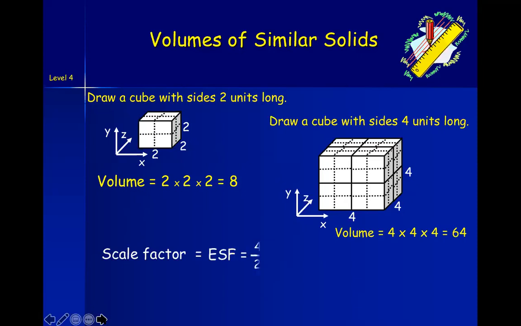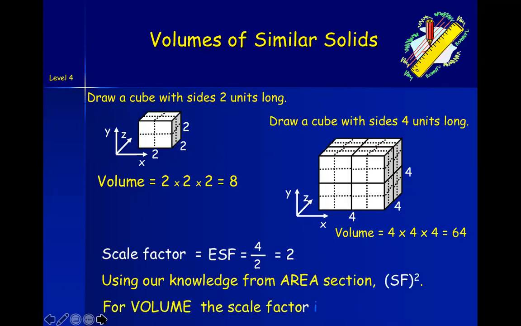So if the scale factor is 4 over 2, which is 2, we needed to do scaling factor cubed, which is 2 cubed, so 2 times 2 times 2, 8, times the volume here, 8. So 8 times 8 would have given me the bigger volume. Okay.